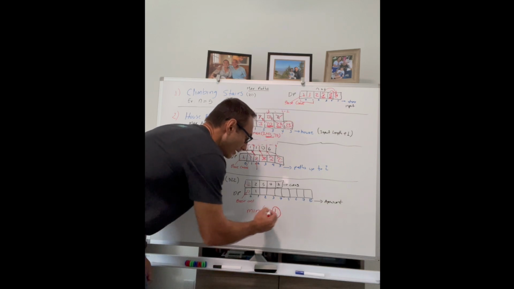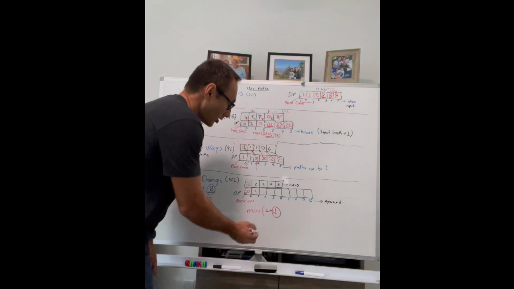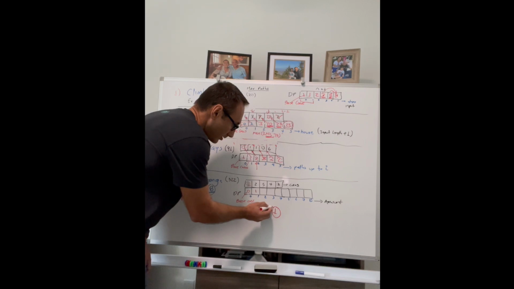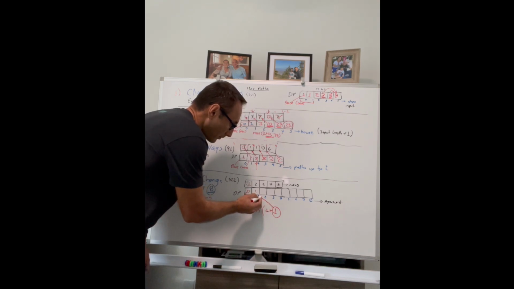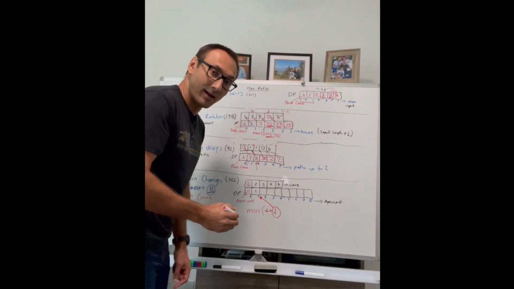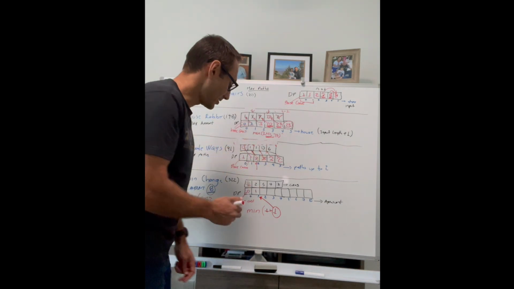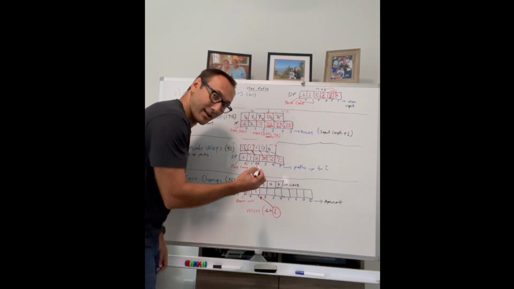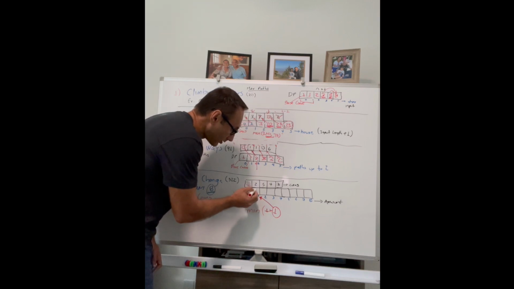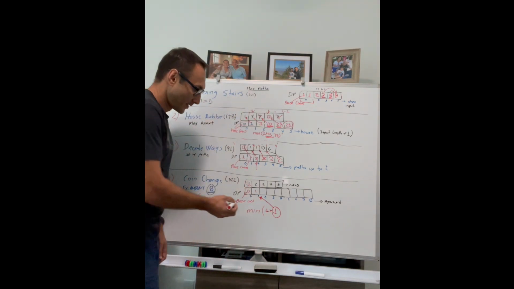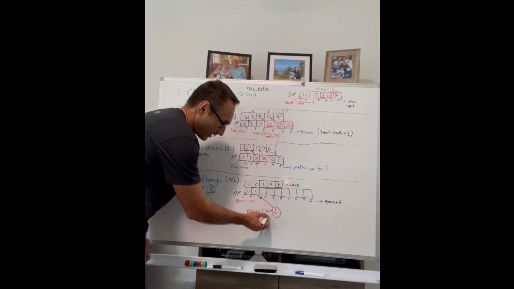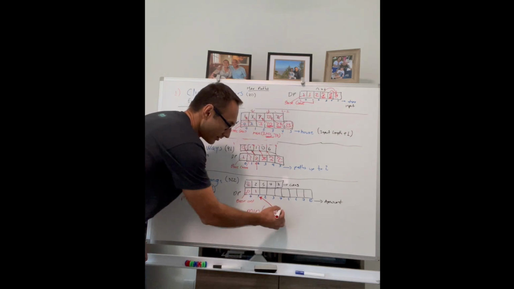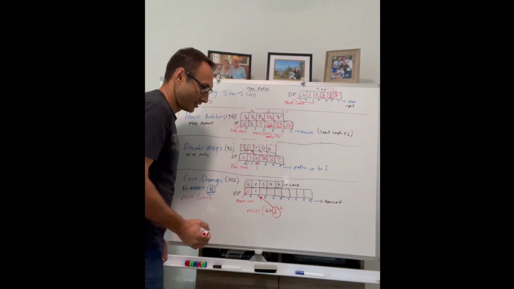And here's the thing: we already know the minimum combination of coins we can come up with to get $1. That is 1.